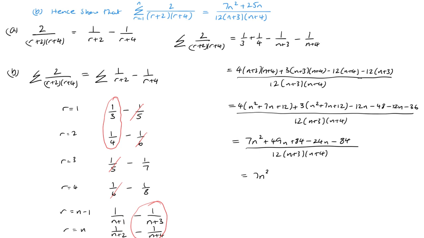So this is 7n squared plus 25n. The 84s cancel with each other. So now we've got what we were aiming for. And that there is the method of differences.